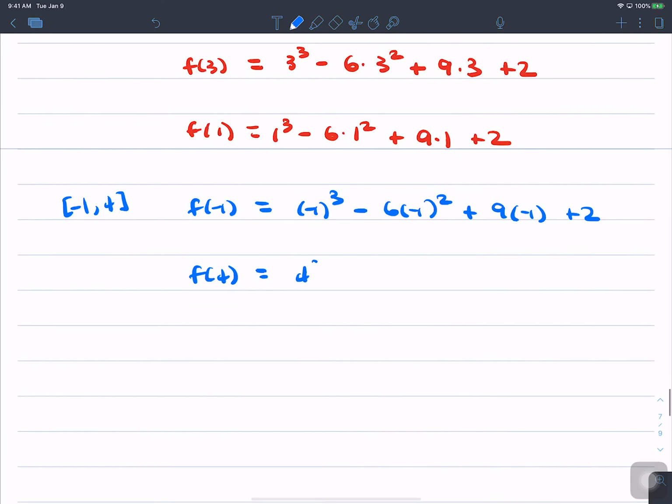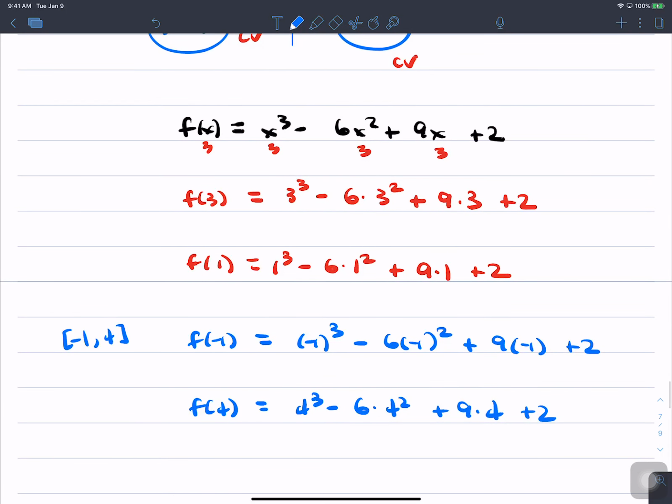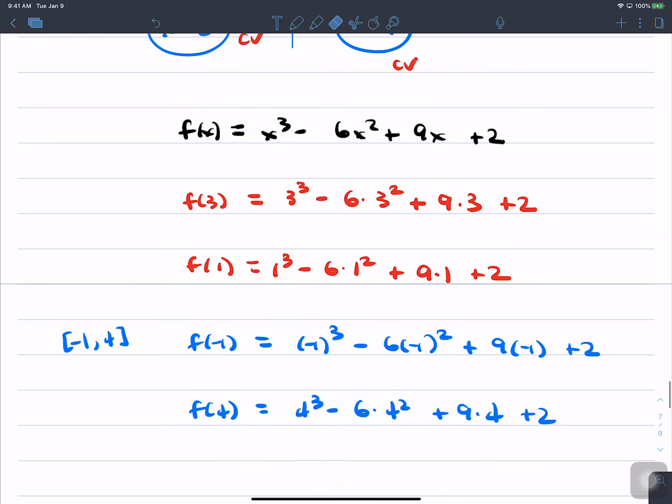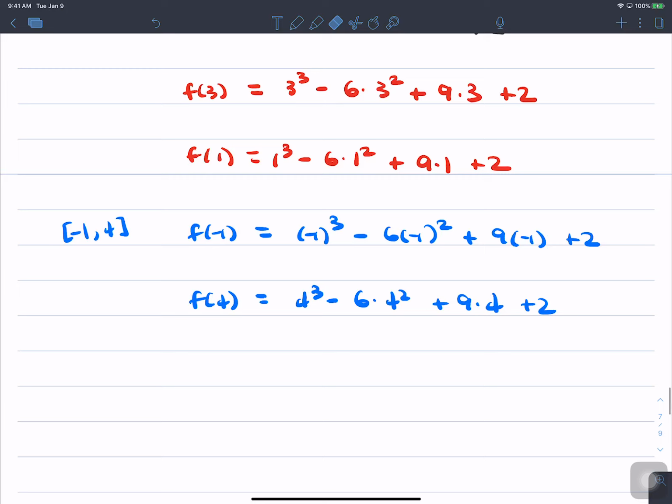And then for the 4, you get 4 cubed minus 6 times 4 squared plus 9 times 4 plus 2. And plug in those values. And use your calculator, ladies and gentlemen. I'm actually going to use the TI. I'm going to tell you what f of 3 is, so you guys can handle that on your own.